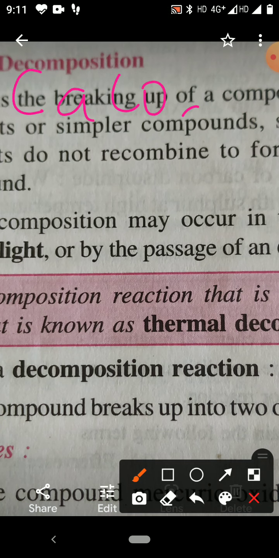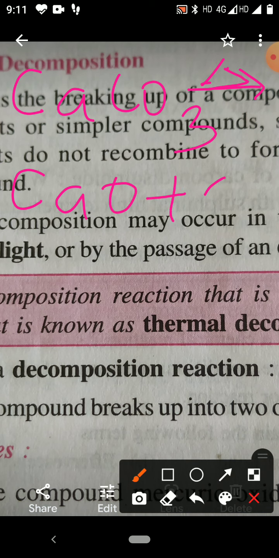It is going to decompose on heating. Products which are produced are calcium oxide, CaO, and carbon dioxide. So on heating, calcium carbonate decomposes into calcium oxide and carbon dioxide. This is called thermal decomposition reaction.